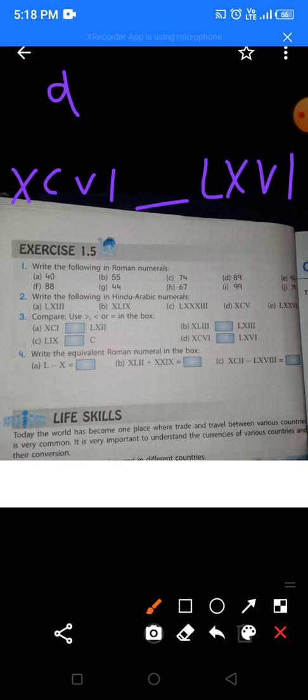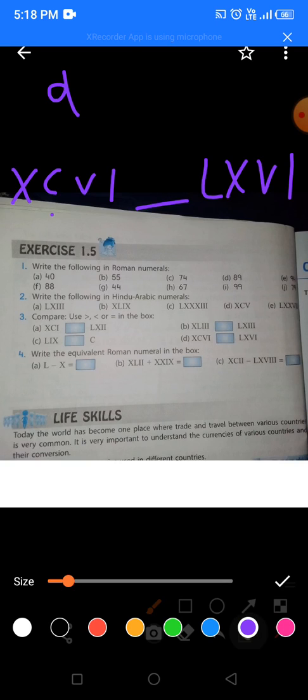First just convert it into Hindu Arabic numbers so it becomes easier for you, or otherwise read it. See, this is 100, but if you see, X is before C, that means you will subtract. So this is nothing but 90, and this is 6. So this is 96.